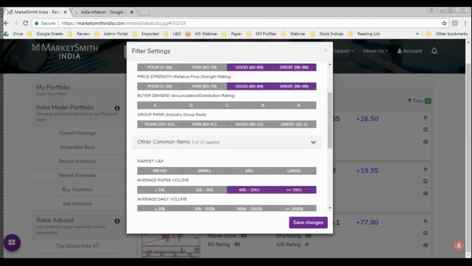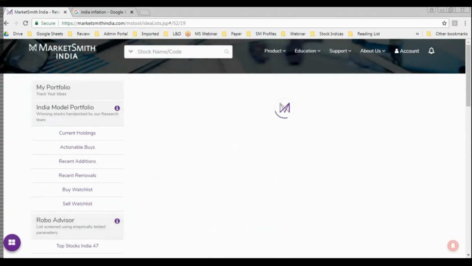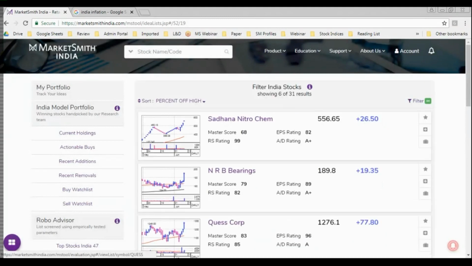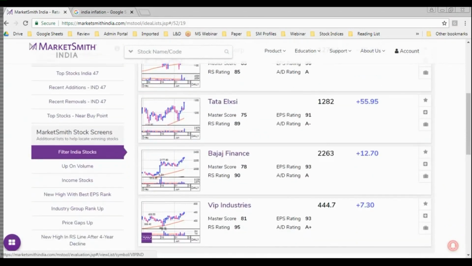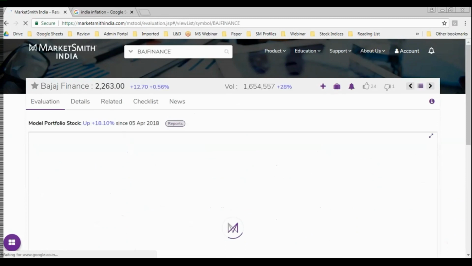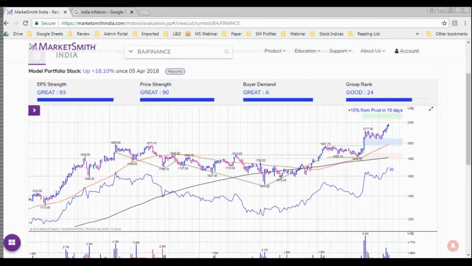All right, so let's see what results we are getting. We are getting only 31 stocks, and those are the ones. Now what you need to do is look at those stocks, study their charts, and see how the relative strength line has been moving.